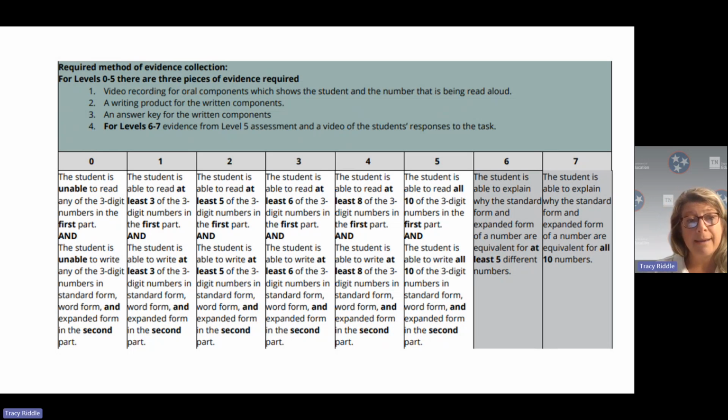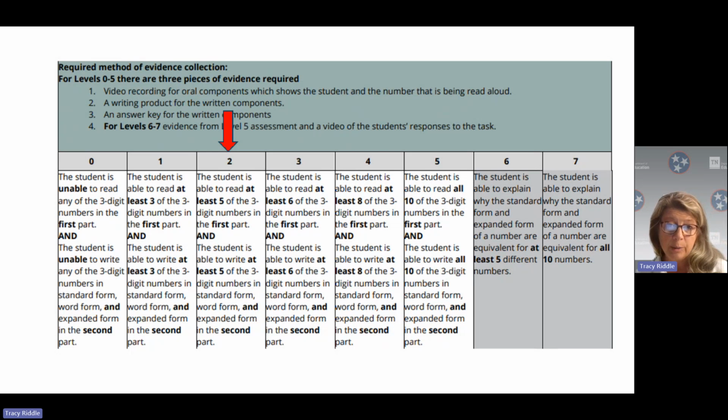At level 1, they are able to read at least 3 of the three-digit numbers in the first part, and write at least 3 of the three-digit numbers in the second part for each form, standard, word, and expanded. So they must get at least 3 right for both parts. If not, that is the score of a 0.